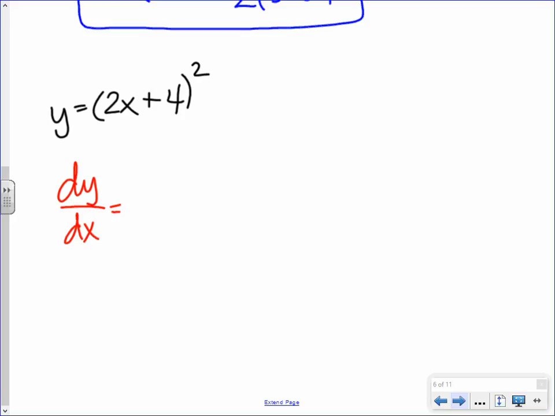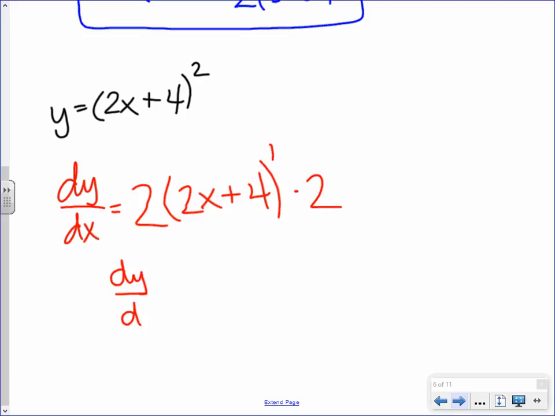Our squared is what's on the outside. Okay? So to take the derivative of something squared, we use the power rule. Right? Decrease the power by 1. And then multiply it by 2. So we get to the same place. We get to 8x plus 16.